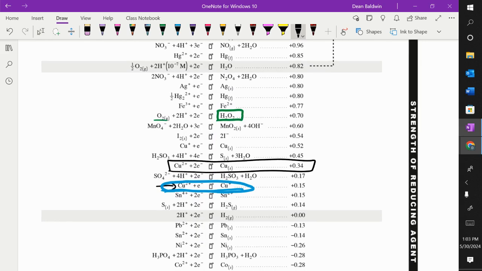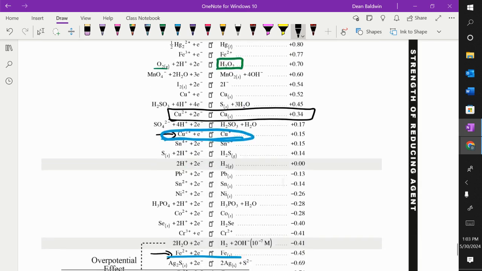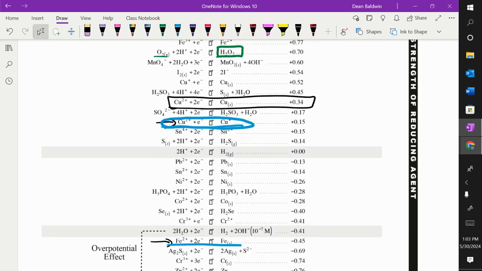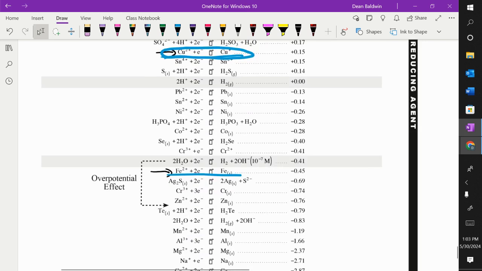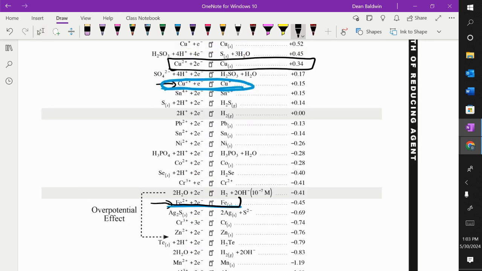Copper 2 plus 2 electrons going to copper solid is 0.34 volts. And then the other one, iron 2 plus 2 electrons is right here at the bottom, is negative 0.45 volts. But it's not written that way, right? It's written as iron going the other way.